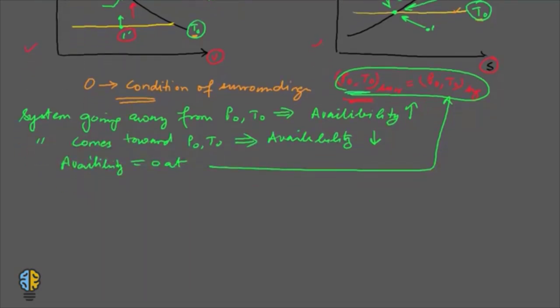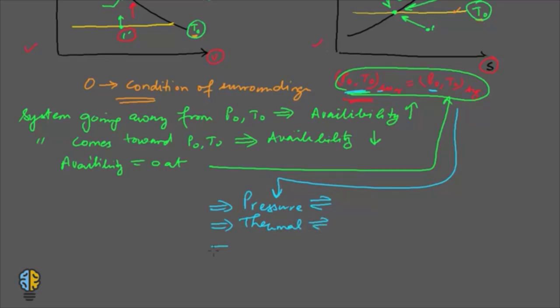When you have P0 T0 of surroundings equal to P0 T0 of system, you would have a pressure equilibrium, a thermal equilibrium, and lastly chemical equilibrium between system and surroundings.